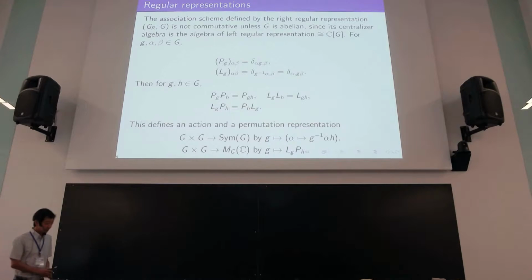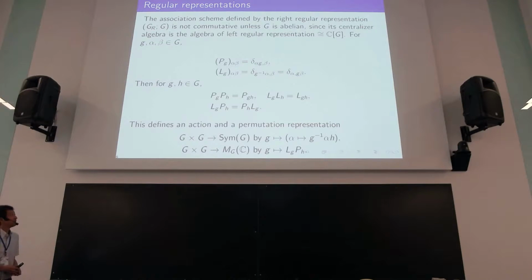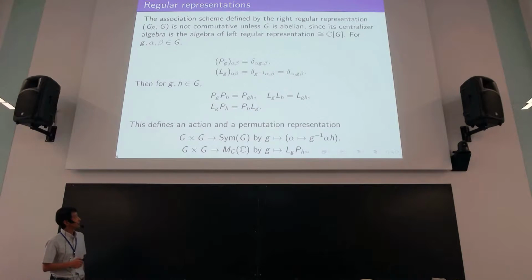To create the action, I have to define a homomorphism from this group G times G to the symmetric group on G. I have two copies of G, so the domain should be the product of two copies of G. So (g, h) is mapped to the permutation which sends alpha to g inverse alpha h.